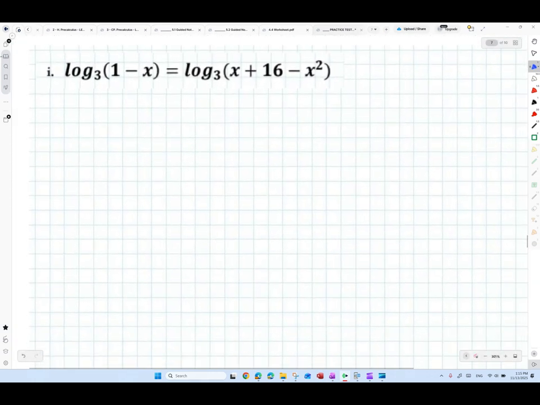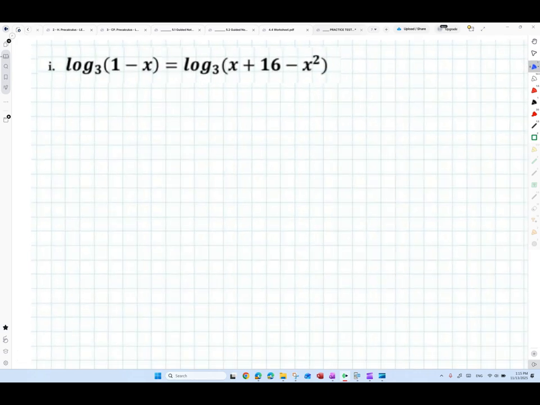Now, the first thing that you have to do is to determine the domain of validity, nicely introduced by the following expression. Given that, you're going to get each one of the arguments of each logarithm, 1 minus x, and that has to be strictly greater than 0.